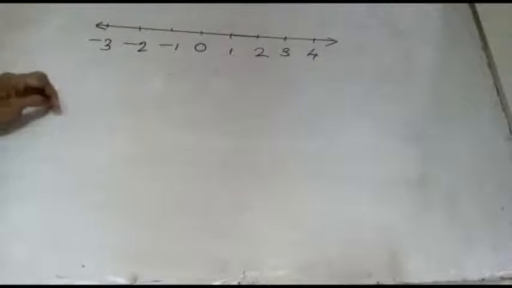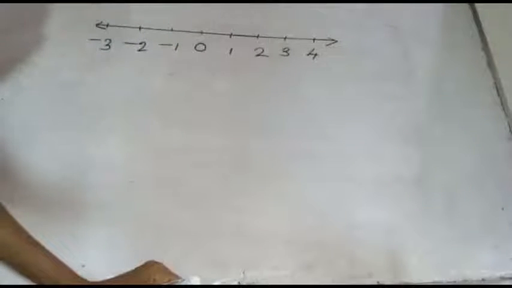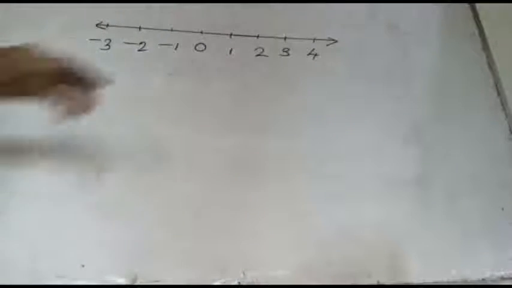On the number line, we can interpret positive numbers as positions to the right of 0. Here 0. Excuse me, teacher. Yes. Excuse me, teacher. Can't see the code. Okay.